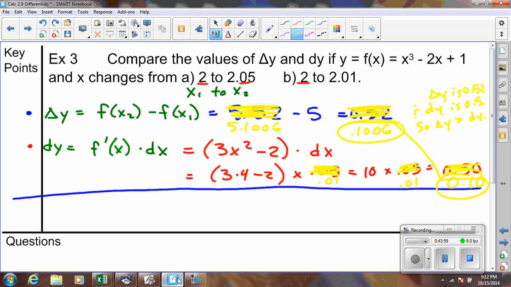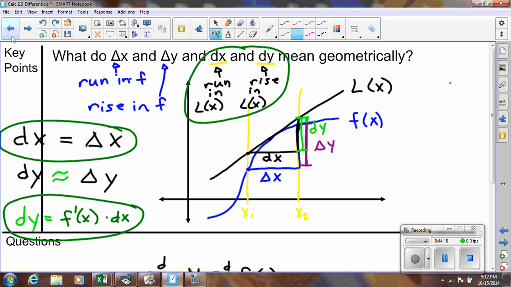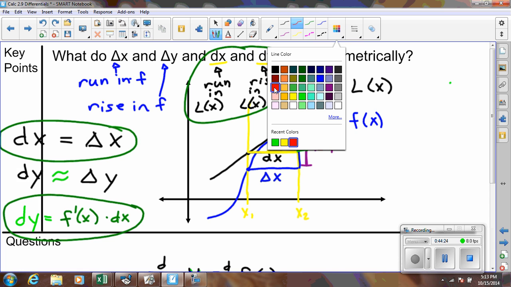Indicating that the smaller we make delta x, or the smaller that we make dx, the better this approximation becomes. If we shrink down the size of dx, I'll use this teal, because teal is ugly.